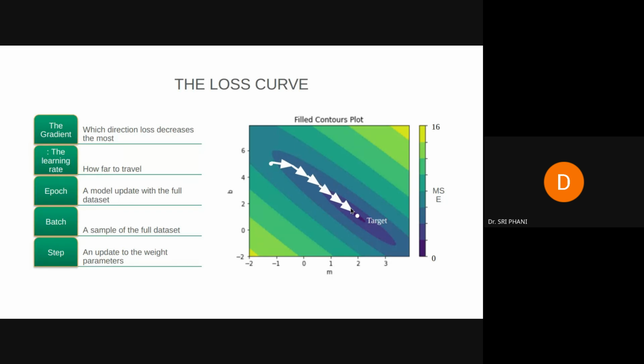You keep on moving at every step until you reach your target. Once you reach your target, usually your error will be zero. If your error is zero, your gradient will be zero, so there will be no further update. So this is the iterative approach taken by error back propagation.